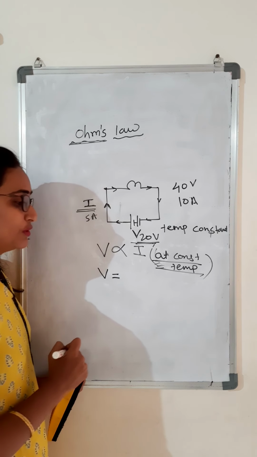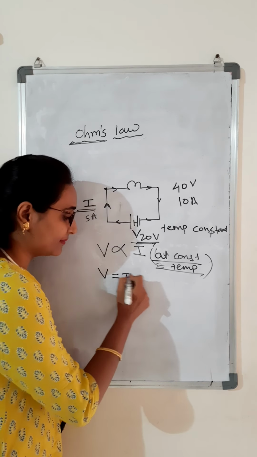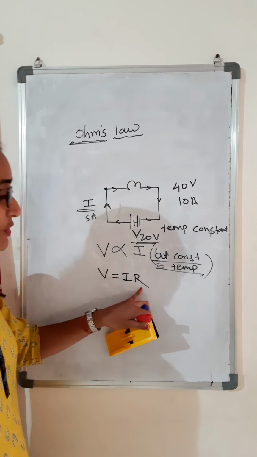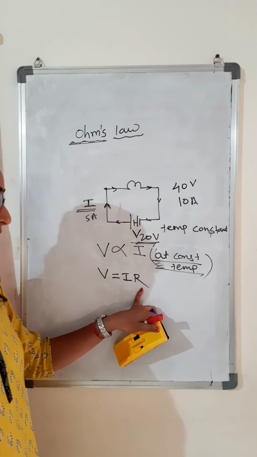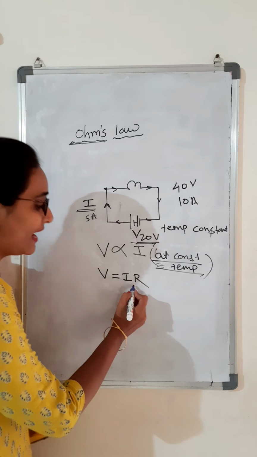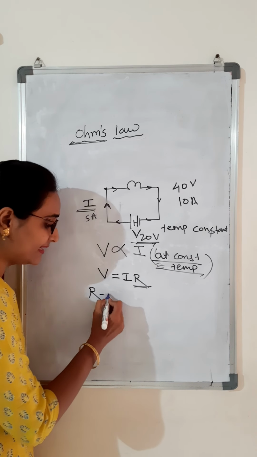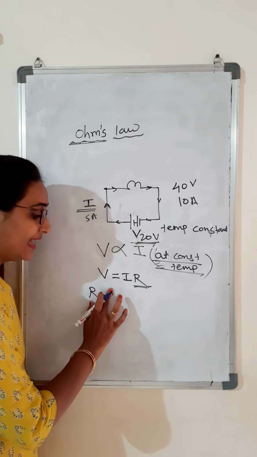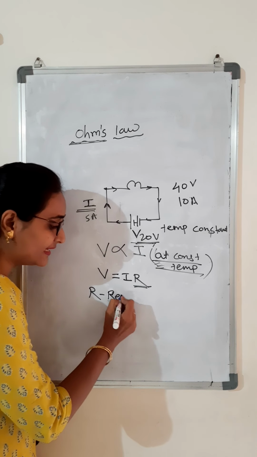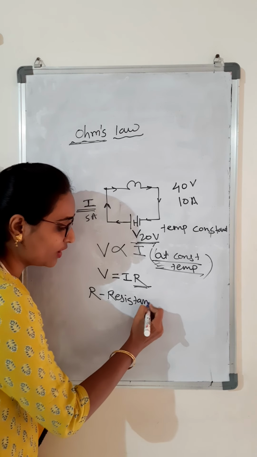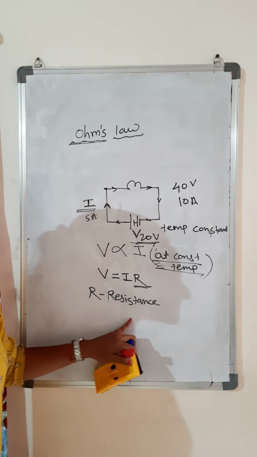Suppose that proportionality constant is R. This R is called resistance.